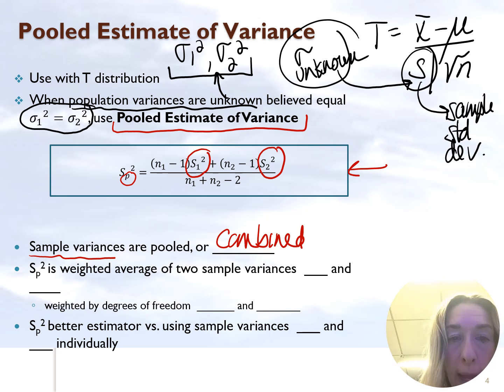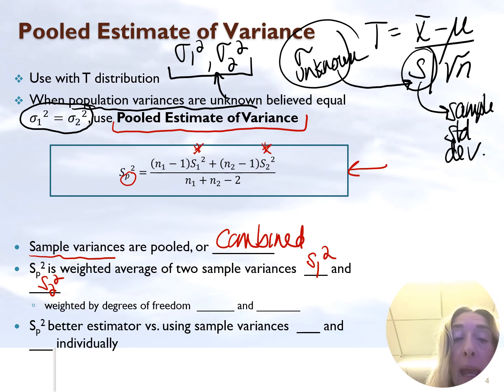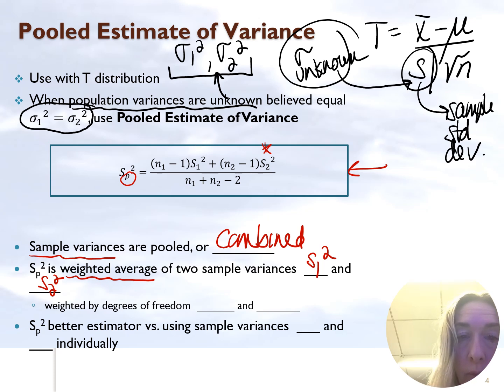This Sp squared, or the pooled estimate of the variances, is actually a weighted average of your two sample variances, S1 squared and S2 squared, that are both shown in the formula. It is a weighted average, which means that S1 squared and S2 squared are each weighted by their degrees of freedom.